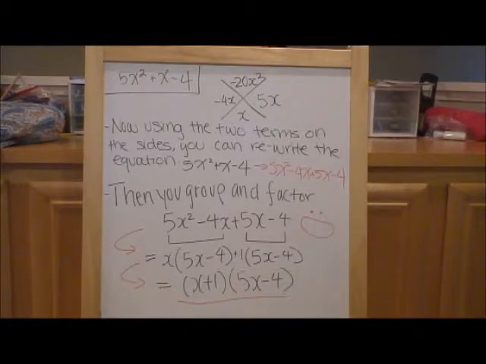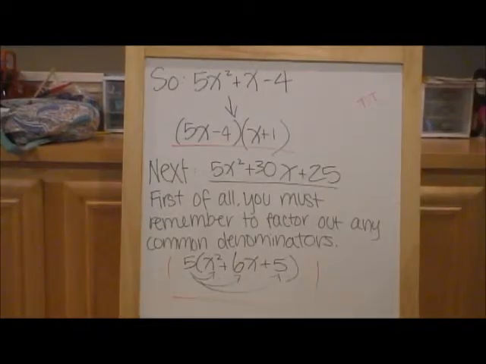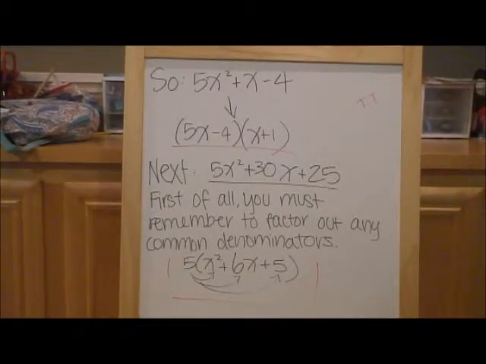You can factor out an x, and it turns into x times 5x minus 4 plus 5x minus 4 times 1. So the two factors for that expression would be x plus 1 times 5x minus 4. So 5x squared plus x minus 4 factored is 5x minus 4 times x plus 1.